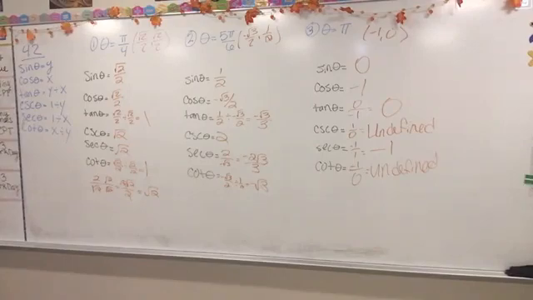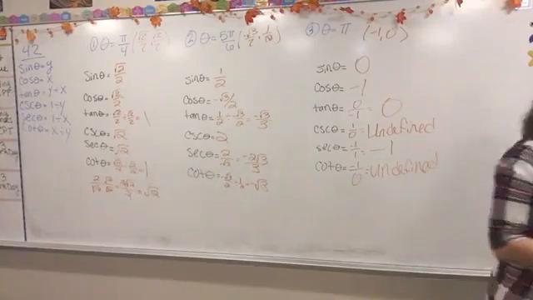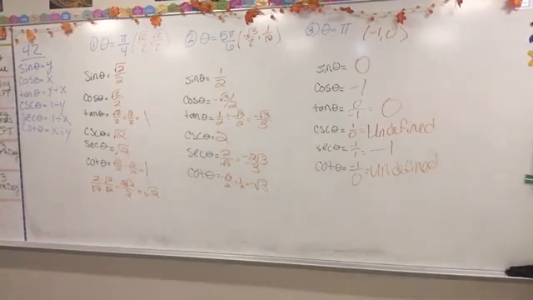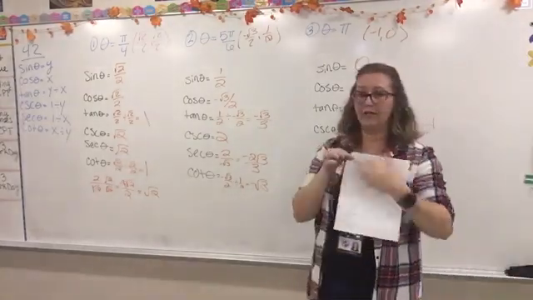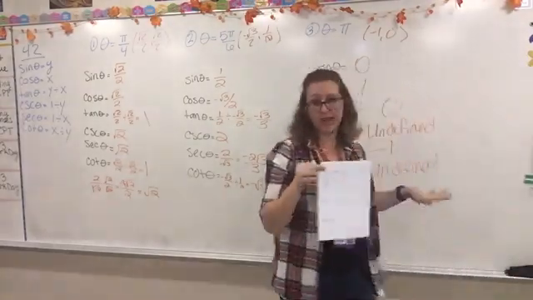Questions? All right, for the next 10 minutes, I'm going to come around and work with you guys. You now have the ability to work on your quick check for 4-2. Number 1 is a table of values that we just did, we just didn't do it in table form.